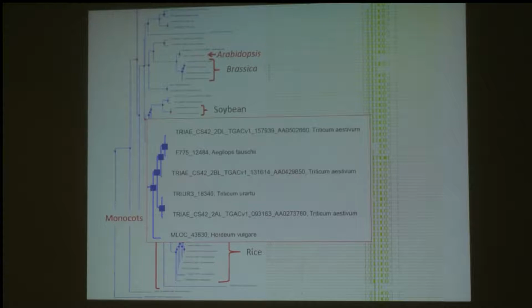The 2DL refers to the chromosome arm, so chromosome 2, the homolog is D, and L means long versus short arm. TGAC version 1 is just the TGAC genome assembly. The next number, the 157939, is the scaffold number, and then the final number is the gene ID, so AA05026660. This is how they break apart into the component parts.